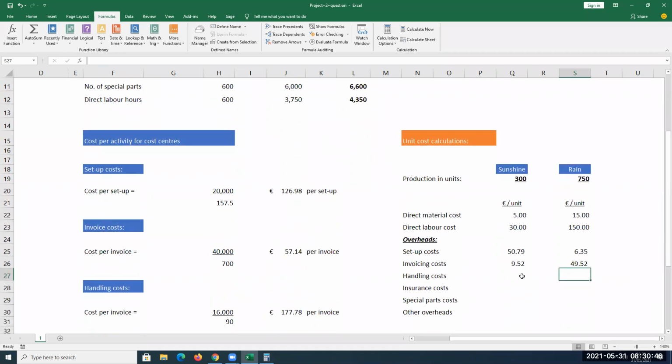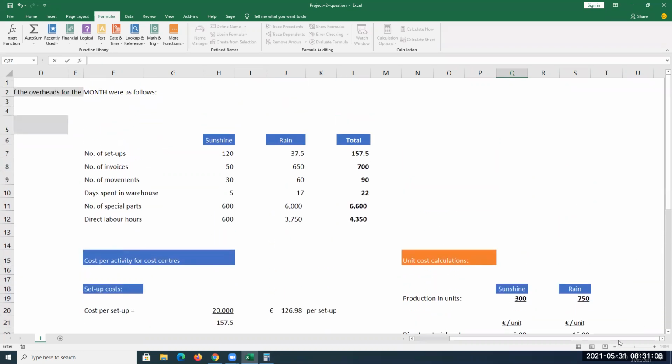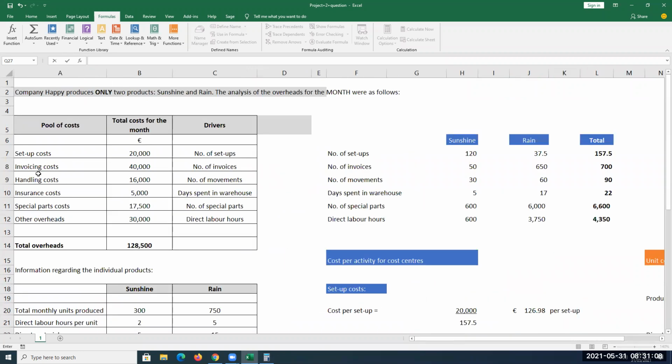And for the handling cost per invoice. Okay, let me check one thing. Handling cost, if you check the first table, handling cost, sorry, is number of movements. Handling cost is 16,000 and cost center is number of movements.